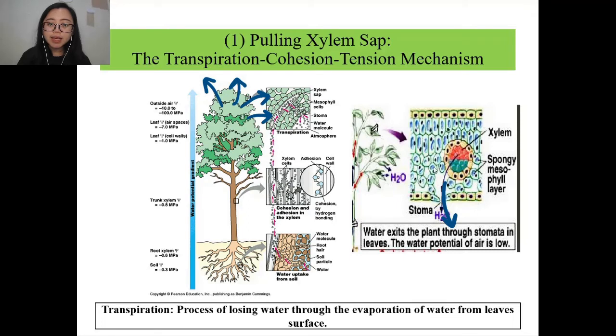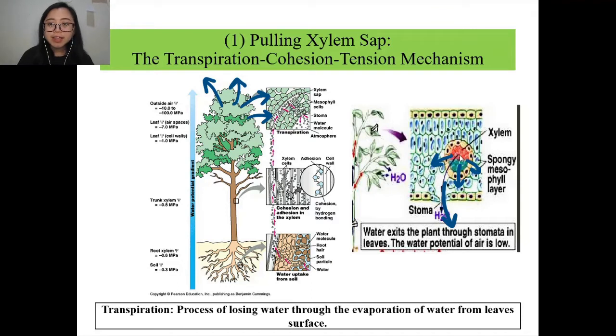Bila sel yang paling dekat dengan stomata ini kehilangan air, dia akan cari air, dia minta air daripada sel-sel di sebelah. So yang akan bagi dia air adalah xylem. Water from xylem will flow out to replace the water that is in the mesophyll layer.